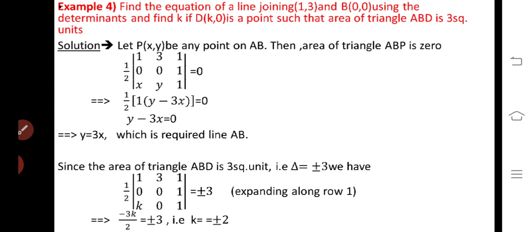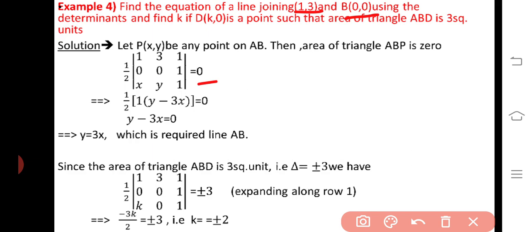Consider here I want to find first the equation of the line joining A(1, 3) and B(0, 0). Let us consider P(x, y) to be any point on AB. Here the area of triangle ABP is 0, that's why we take 0, because I want 3 vertices but they have given only 1, 3 and 0, 0.